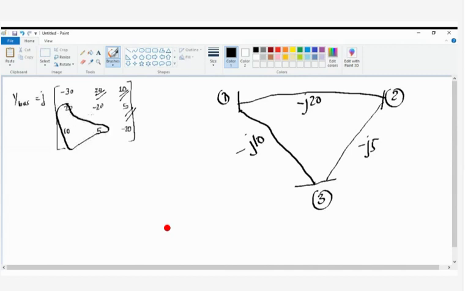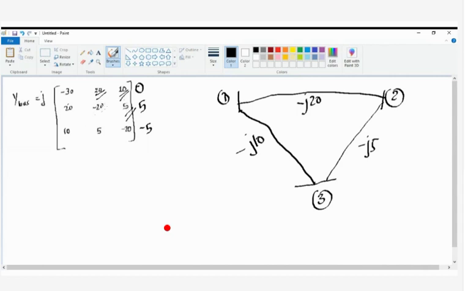Now if you see an interesting thing over here, if you take the sum of the values over here, what do you get? This is 0. You take the sum over here, it is 5. If you take the sum over here, you get minus 5. So basically it means that there is one more element. The diagonal element is made of this element plus this element plus one more element.